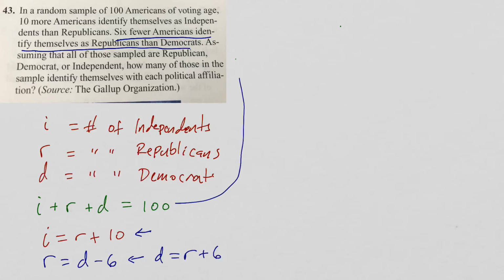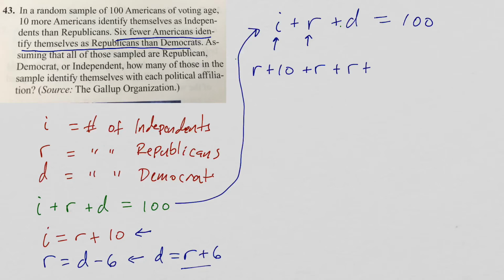Now let's take this equation and say that since we know that I plus R plus D equals 100, and we know that I is equal to R plus 10, then we add this R, and now we add the D, which is R plus 6, we get 100. Now we have a single variable. So we combine like terms and we get 3R plus 16 is equal to 100.